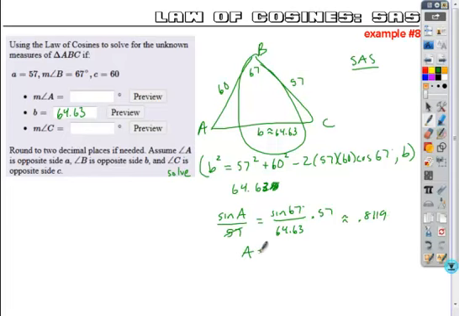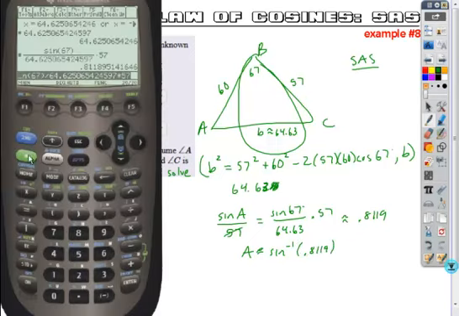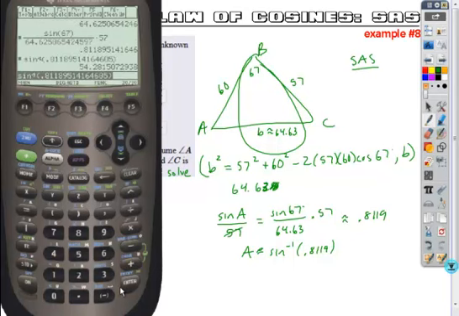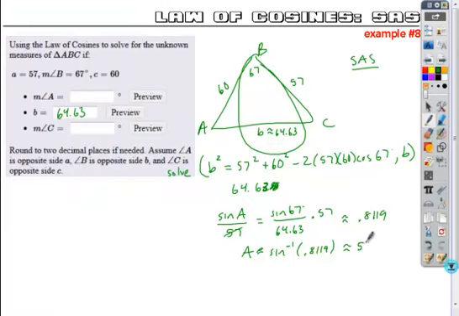So A is going to equal the inverse sine of that ratio. Back to my calculator, I take the inverse sine of this ratio, and I get my answer of 54.28. So there's my angle A.